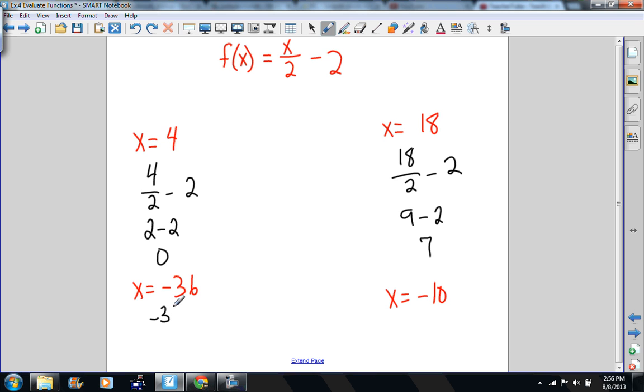Negative 36 divided by 2 minus 2. Well, that's negative 18 minus 2 is negative 20. And negative 10 divided by 2 minus 2. Well, that's negative 5 minus 2 is negative 7.